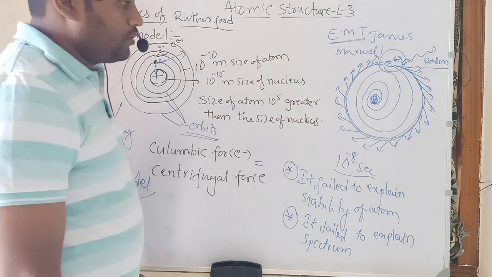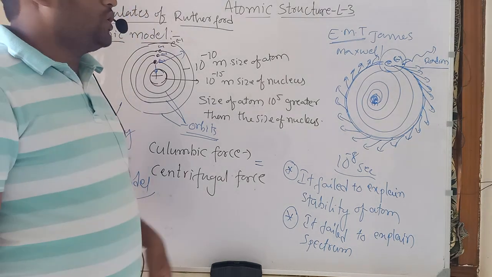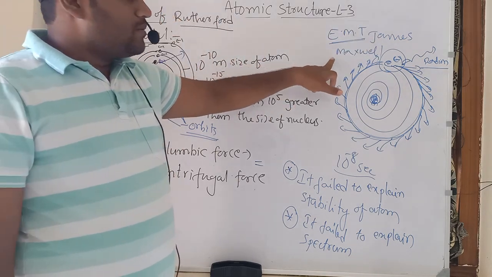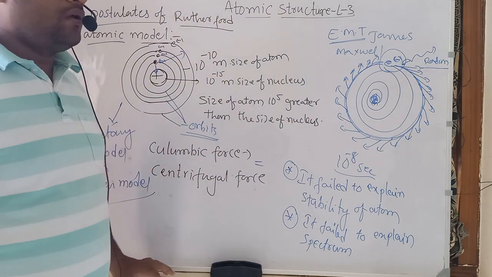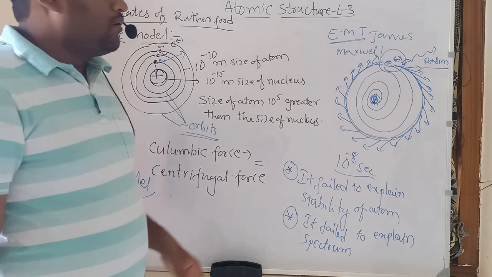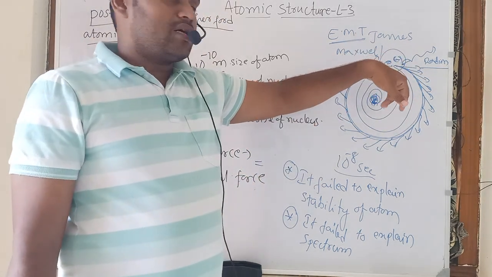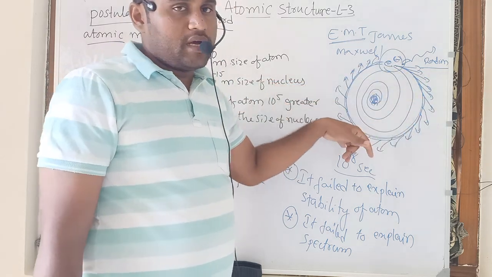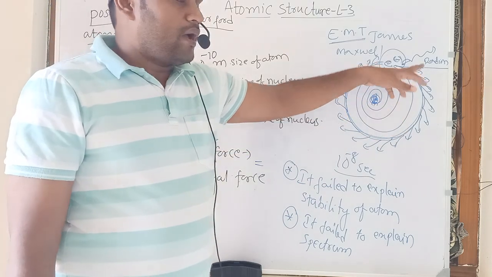And what are the failures? What are the defects in the Rutherford atomic model? According to electromagnetic theory proposed by James Maxwell, when a charged body revolves around another charged body, it no longer stays in a circular path. Because when it revolves, it continuously accelerates due to the change in direction, due to circular motion and angular momentum.